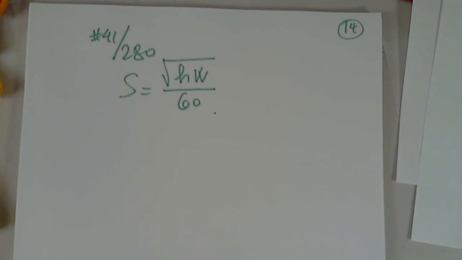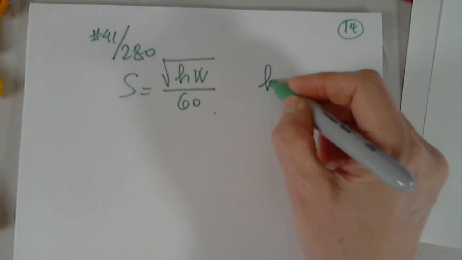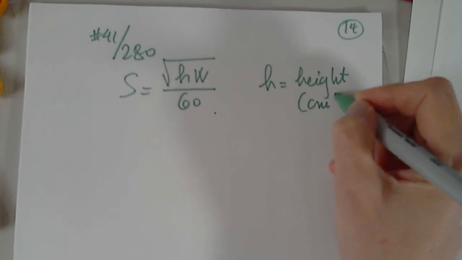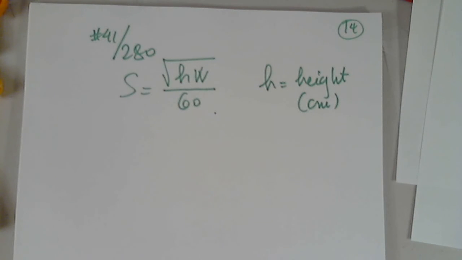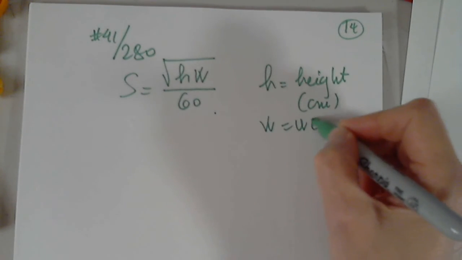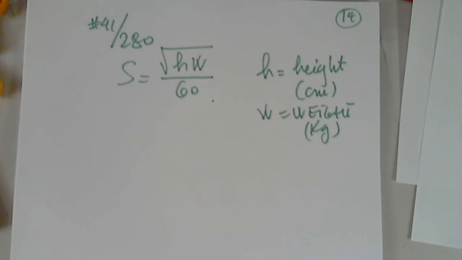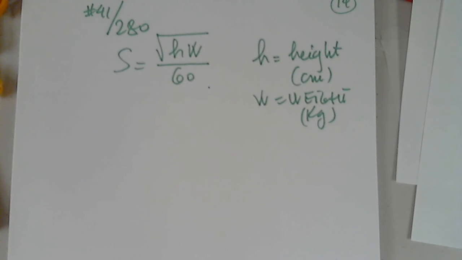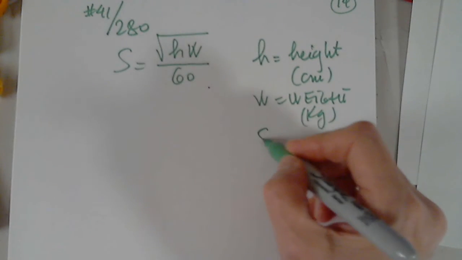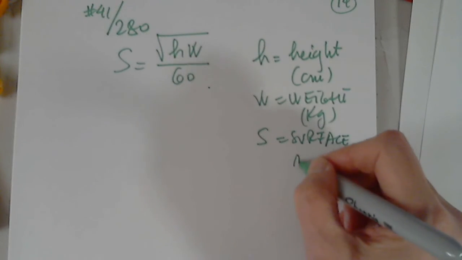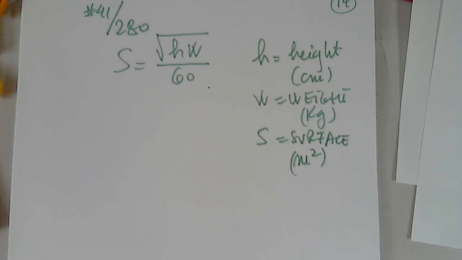H is the patient's height in centimeters. W is the patient's weight in kilograms. And S is the approximation of the patient's surface area in square meters.